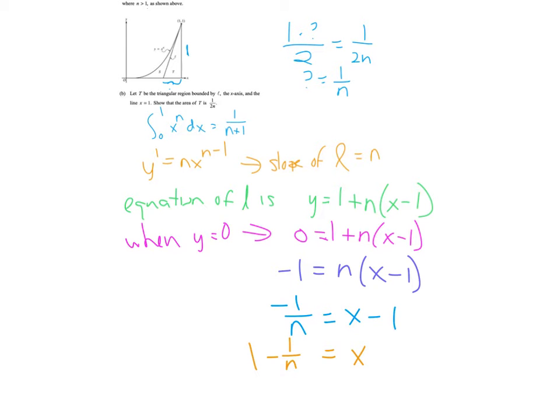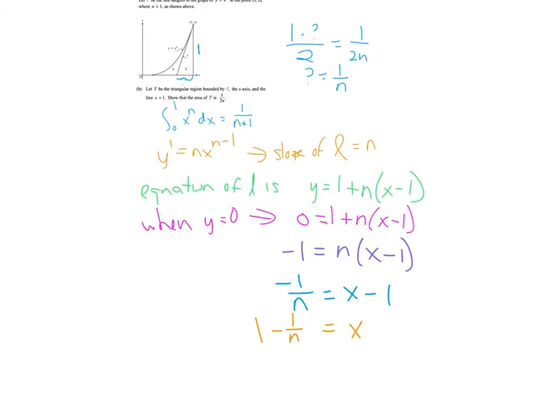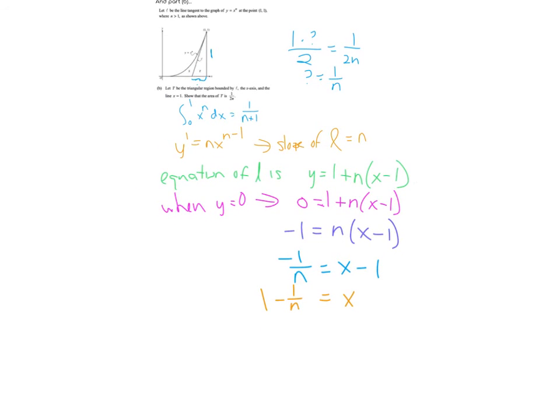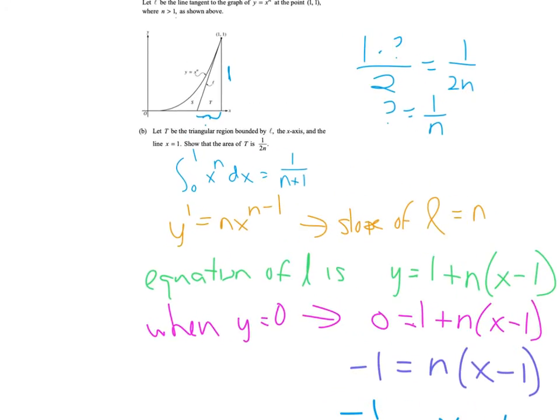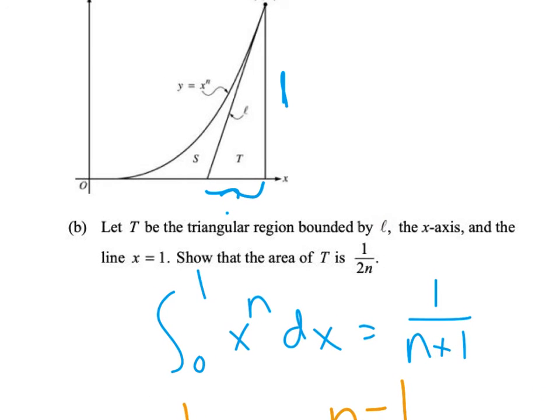And I need to find the area of T. So now I have that x value. Now I'm here. Okay. Let me zoom back into the picture. Had to process. This right here is 1 minus 1 over n for the x value. This right here is 1.